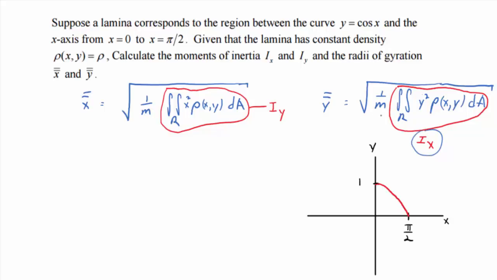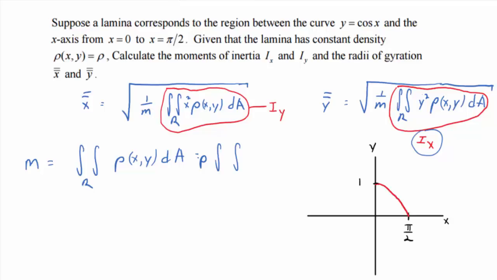So the first thing we're going to want is mass. What's the mass going to be? Well, the mass is obtained by evaluating the integral of the density function. But in this case, the density is constant, so we can bring it out front.